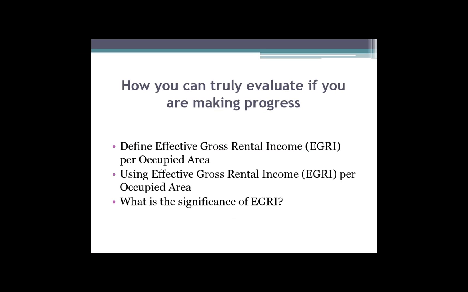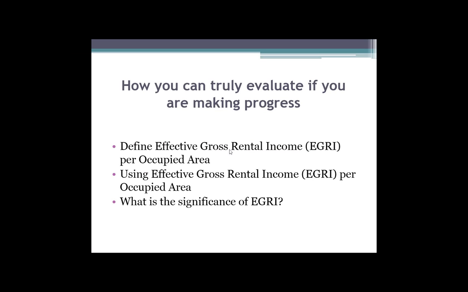And so we look at what is called the effective gross rental income, and that is per occupied square foot. So that's your income that you're going to be receiving effectively based on what you've got currently rented by your occupied area. And that takes out and makes everything equal. You're now comparing apples to apples between stores. And it truly shows you how well you're running your store. For a better term, it might be this is your efficiency.